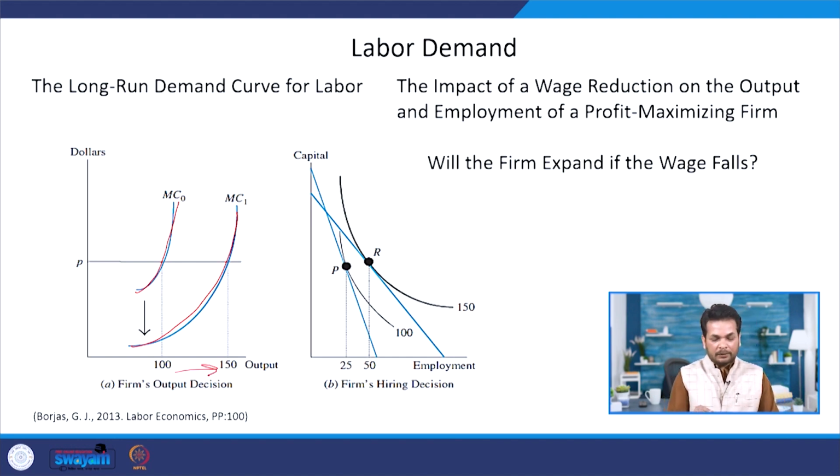So, definitely the farm will move from this isoquant, where the output level was 100, to a higher isoquant where the output level is 150. Now, the point here is that to produce this level of output, the farm will find a different combination of factor inputs to employ in order to maximize profit.